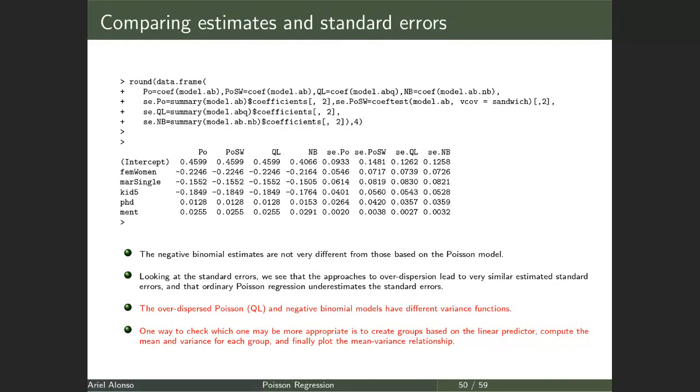But of course, you need to get the mean right. Whereas the negative binomial assumes that you have a quadratic relationship between the mean and the variance. So you can use that to try to see which of these assumptions is more likely. Do we really have a linear relationship here between the mean and the variance, or is it more like quadratic? Well, you can check that.